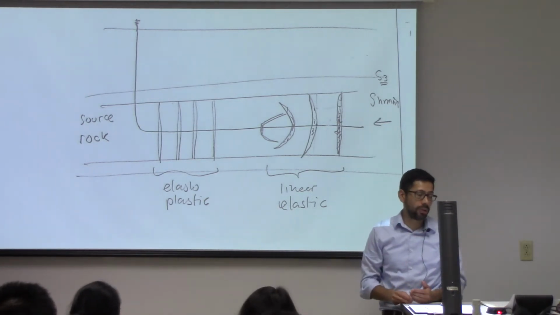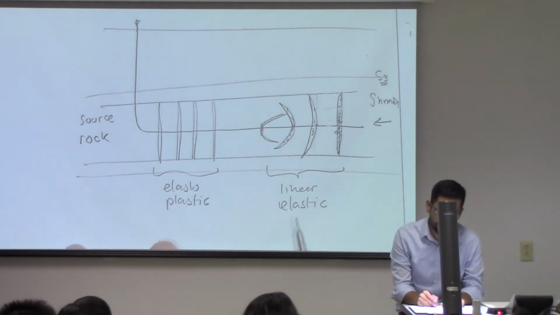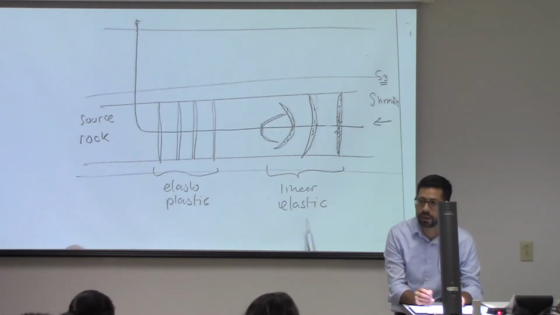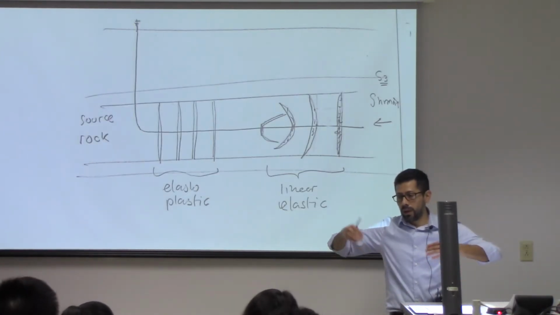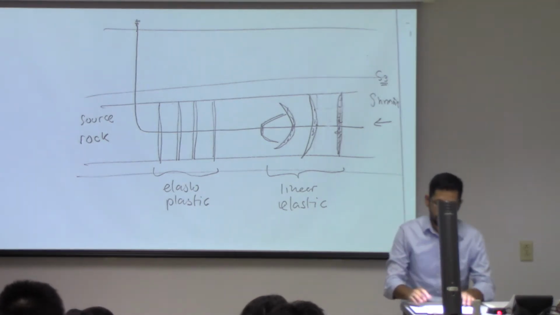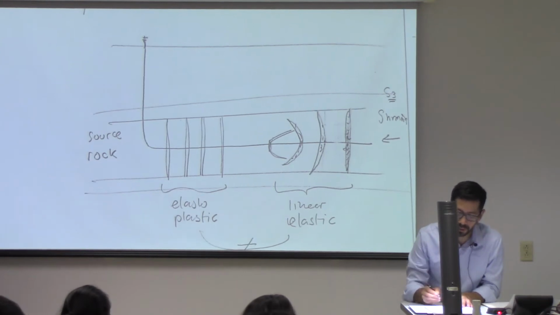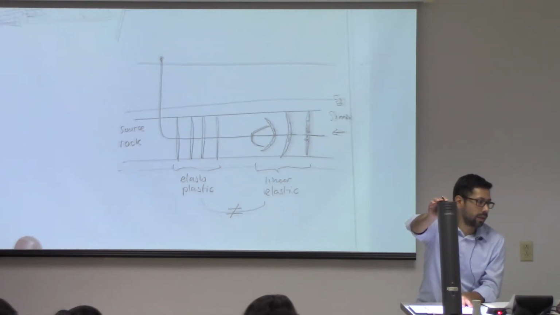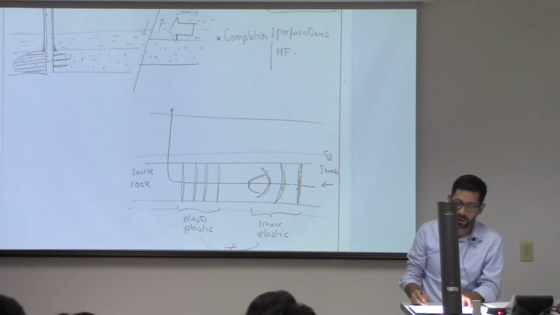Of course, you're going to get some stress shadow, but if you ignore the elastoplasticity, you may put your fractures a lot further away than you would actually need. And this is because of the difference between elastoplasticity or inelastic strain and linear elasticity.